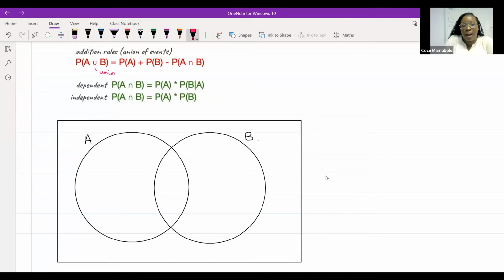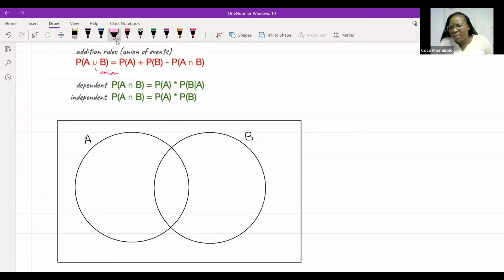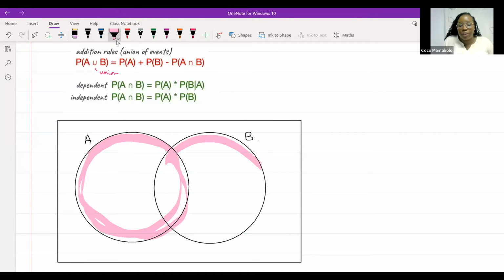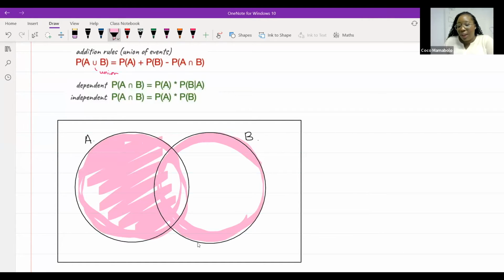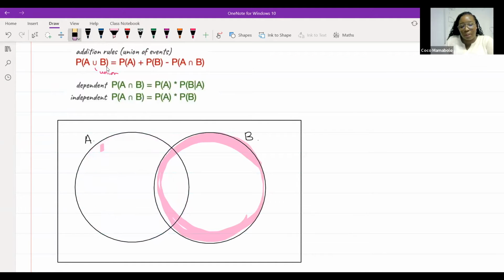So the union. Now, if we think about the fact that both of these circles have numbers or values or some size of some sort, the union would have to be the whole of circle A and the whole of circle B. Now, here is the problem, guys. If I put the whole of circle A together with the whole of circle B, let me do them in two different colors. I'm going to make circle A pink.